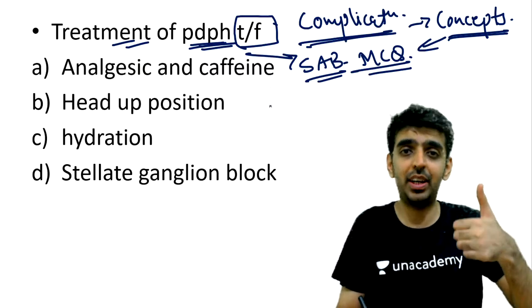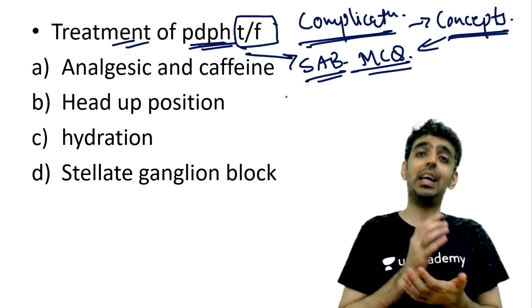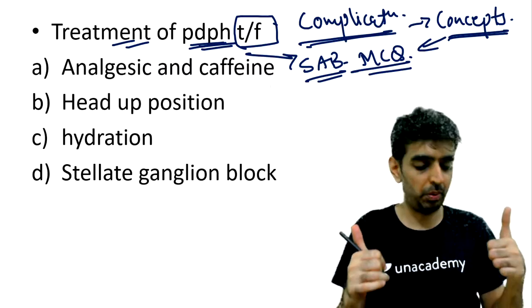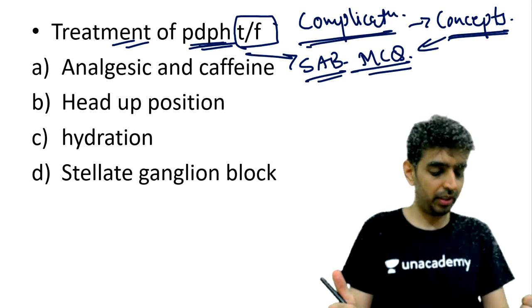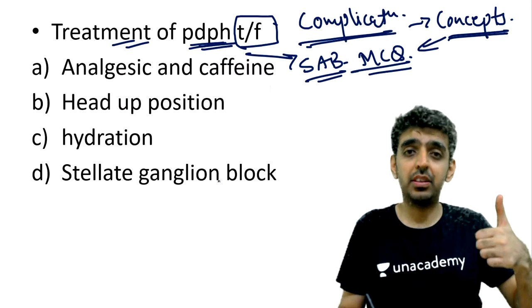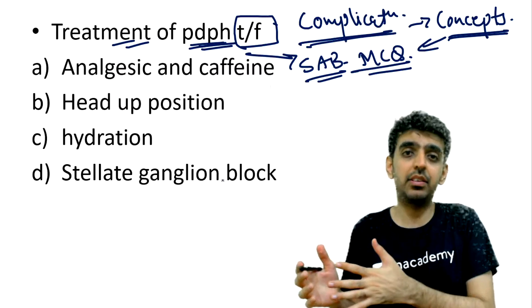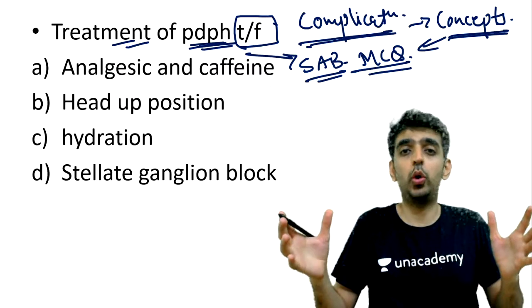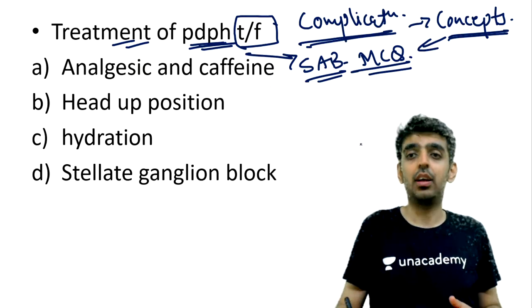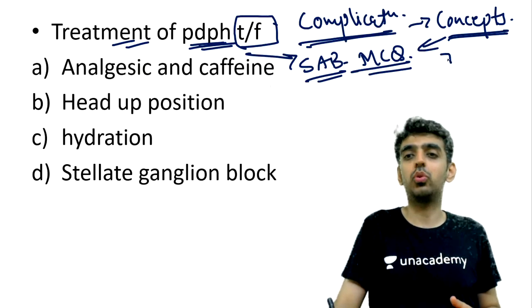We get it within 2 to 3 days of spinal anesthesia, within 24 to 72 hours, but it can present as late as up to 7 days as well, right?